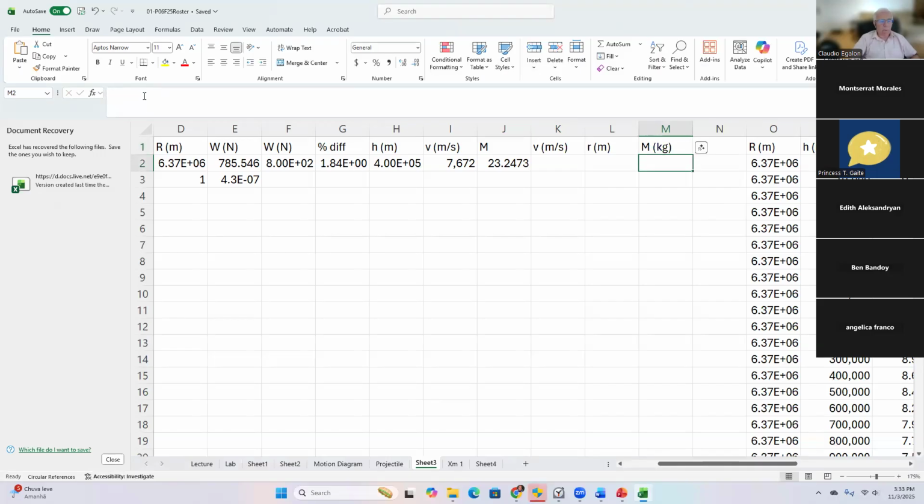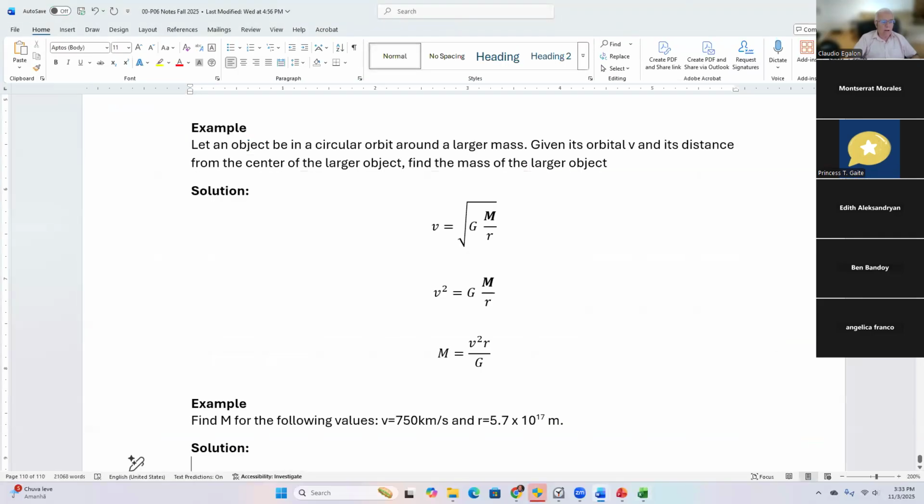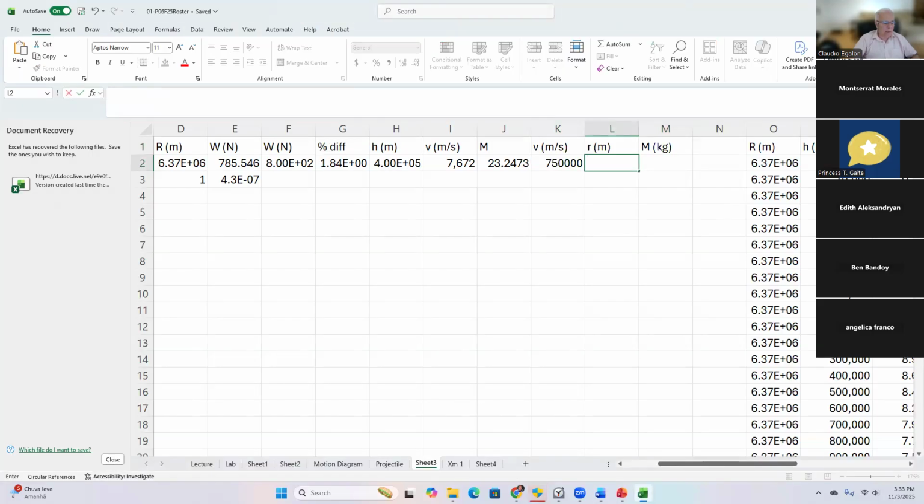I myself don't remember what I got at that time. Okay, so here you go, 750,000 meters per second. The radius is 5.7 times 10 to the 17, 5.7e17. That's how Excel treats 10 to the 17.